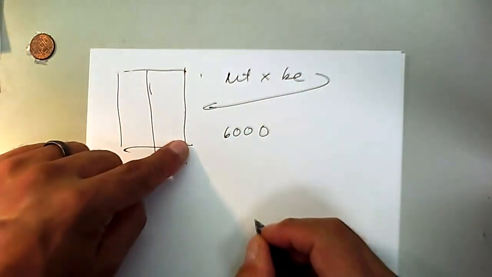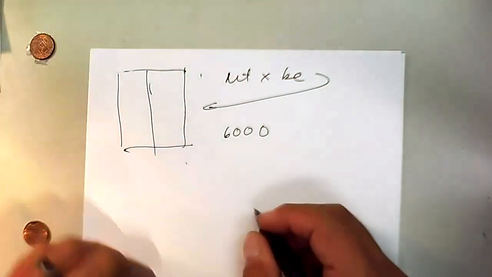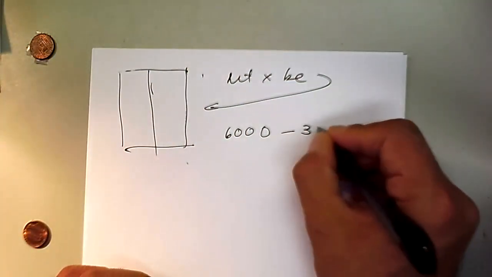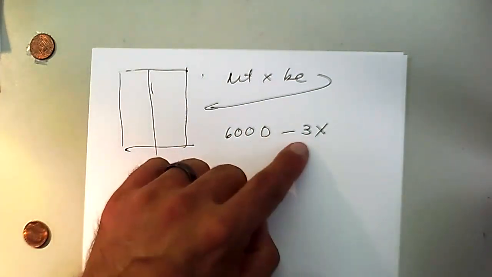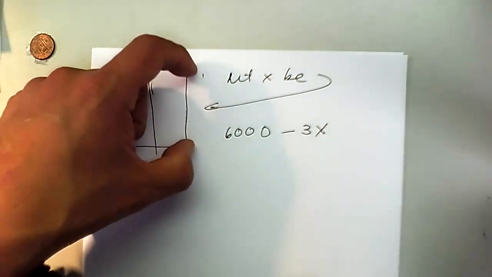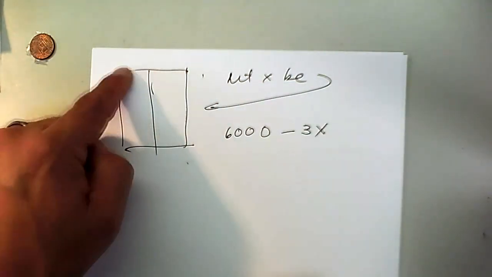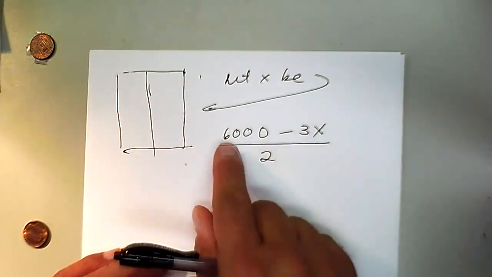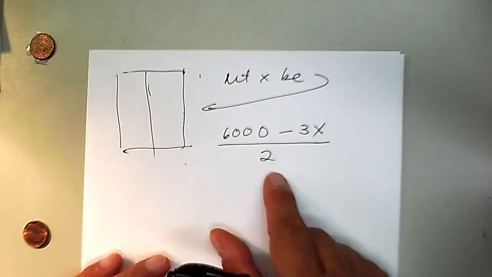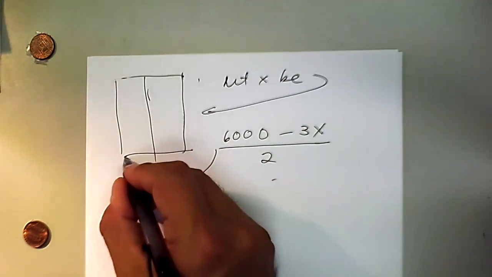If we label this as X, then we're going to use up X and X and X. So we're going to use 3 X's from the 6,000. So this is how much is going to be left over after using X, X, X. And then we have to use what is left over into 2 sides. So the other 2 sides are going to be (6,000 minus 3x) over 2. That's this side. And all of it.